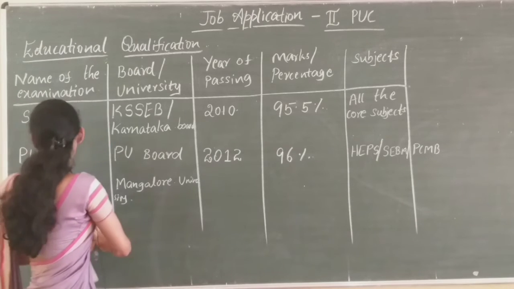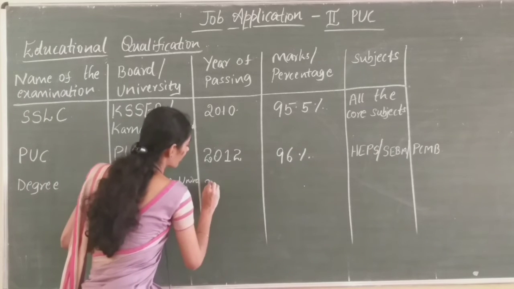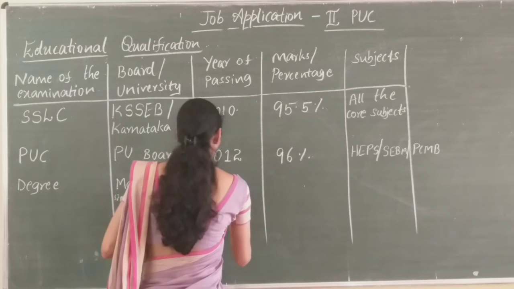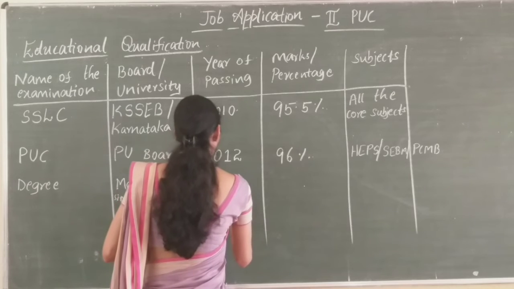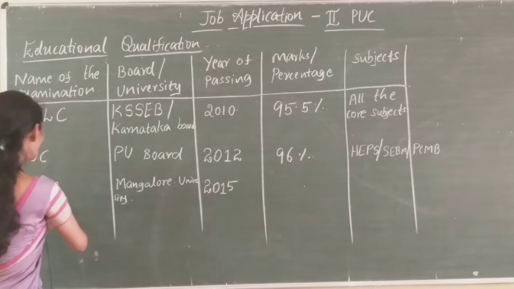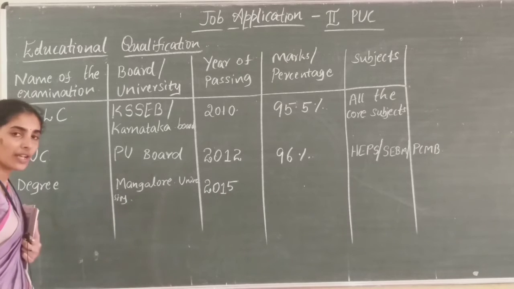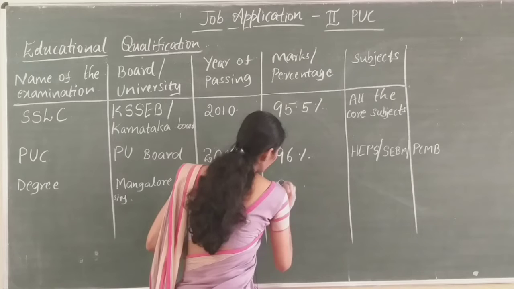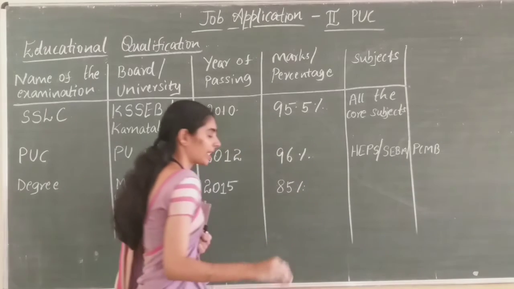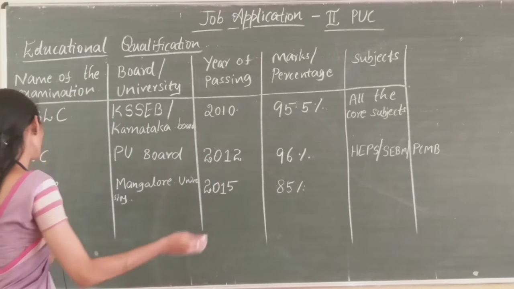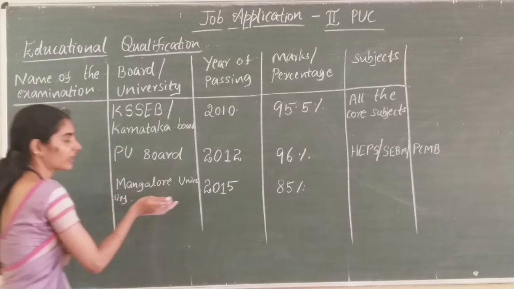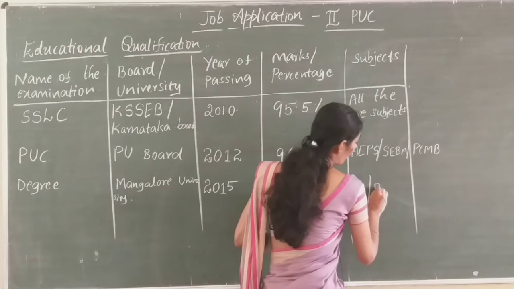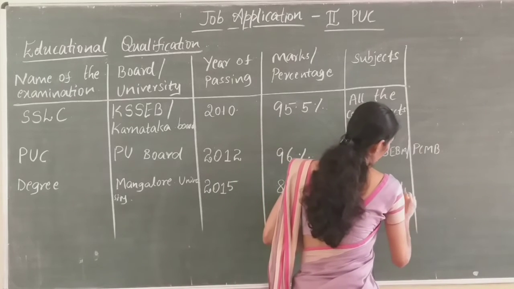Degree is for 3 years, so 2015. Here you can write 85%. So the course, if you have taken BA, then you can write BA or BCom or BSc.